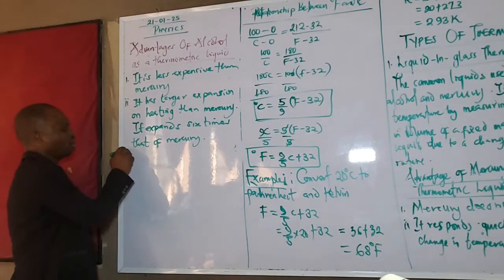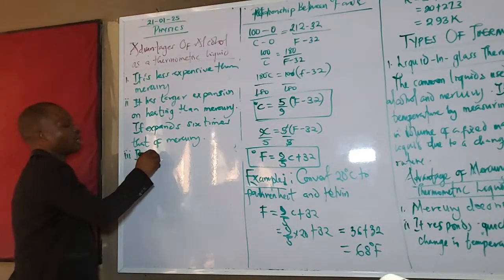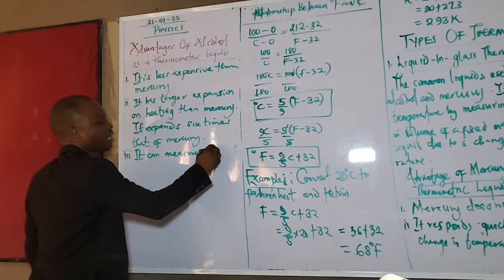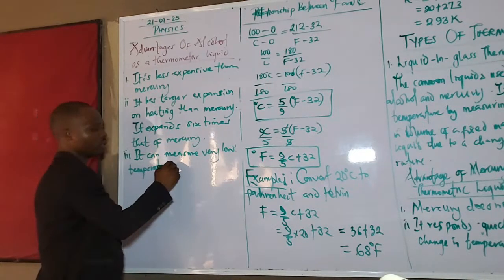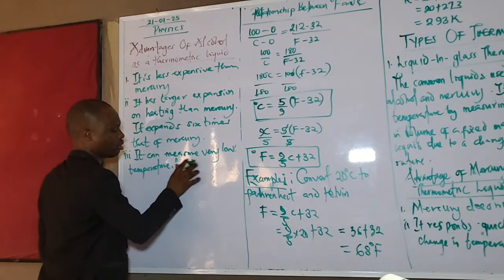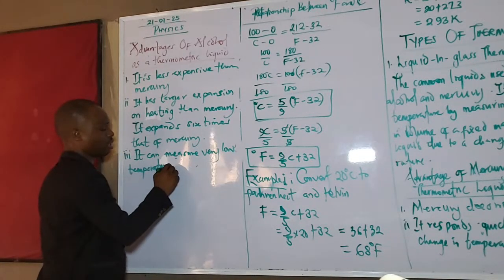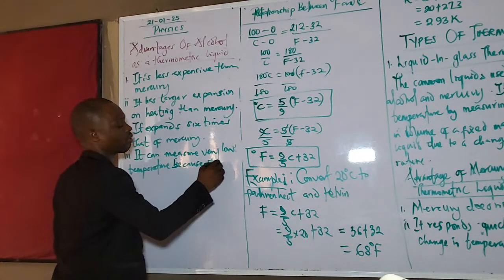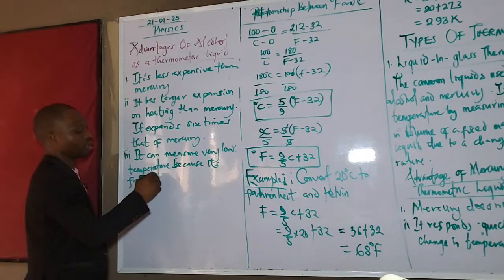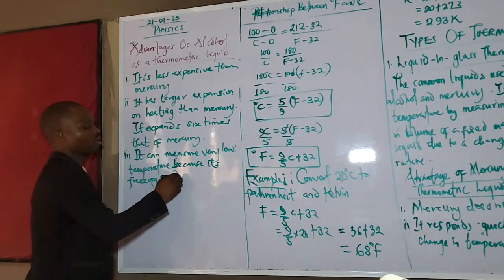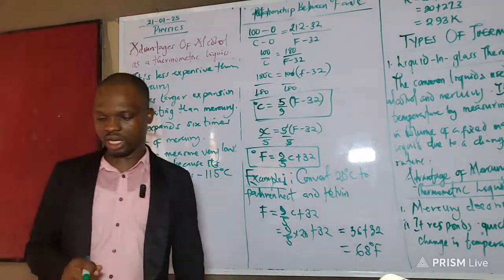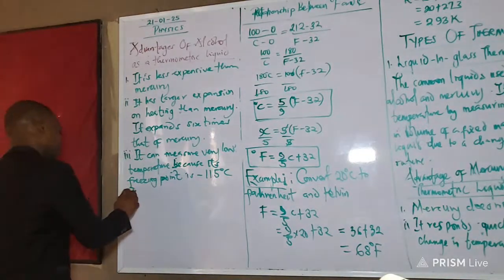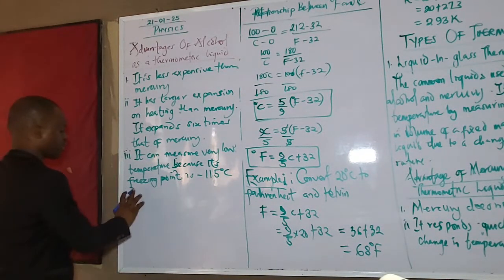But alcohol can measure very low temperature, because its freezing point or melting point is minus 115 degrees Celsius.